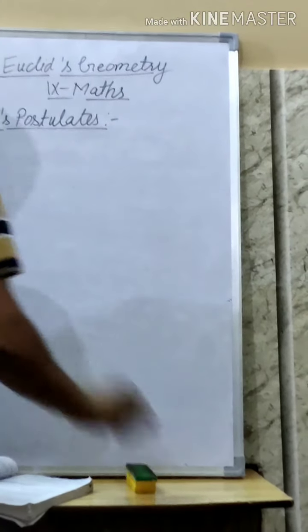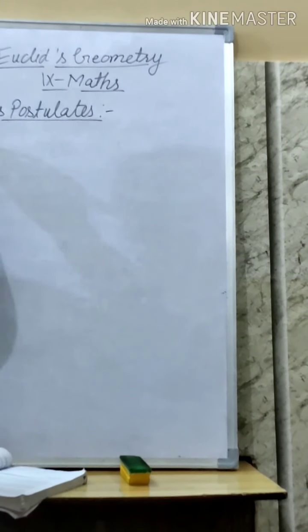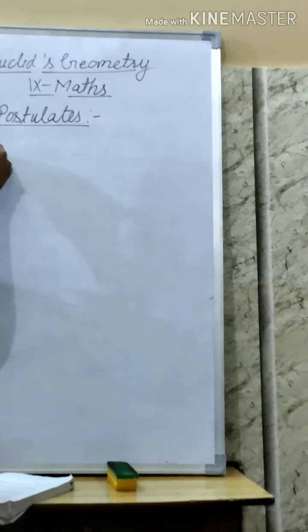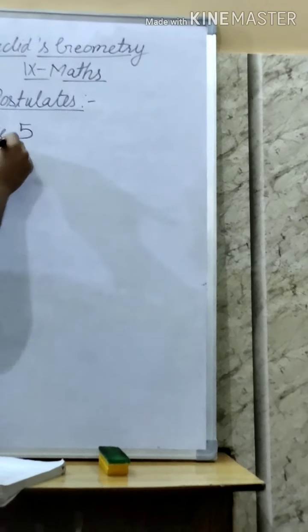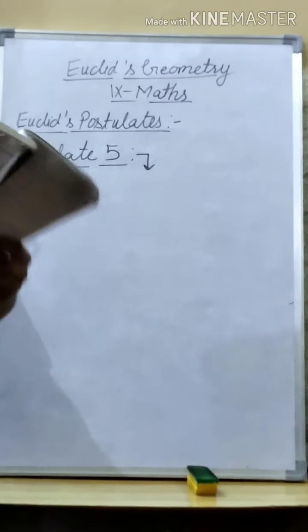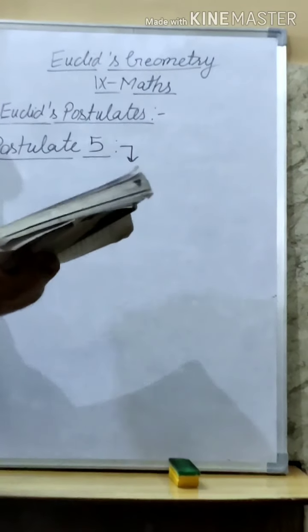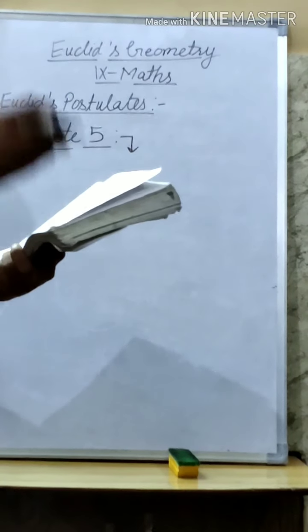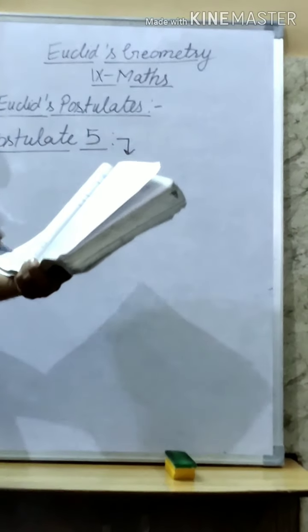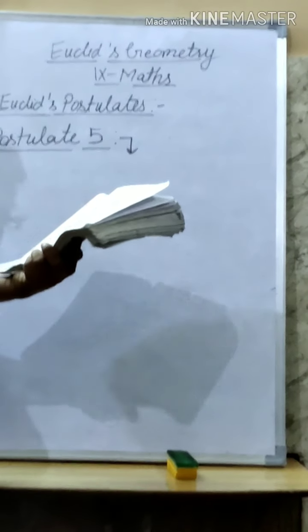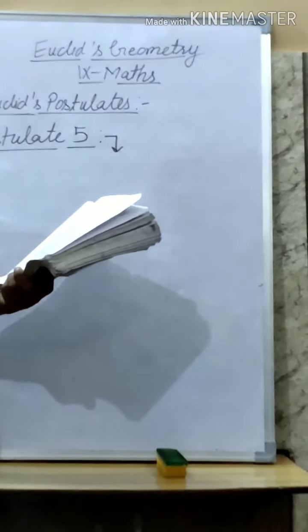First you read your fifth postulate: if a straight line falling on two straight lines makes the interior angles on the same side of it, taken together, less than 2 right angles, then the two straight lines, if produced indefinitely, meet on that side on which the sum of the angles is less than 2 right angles.